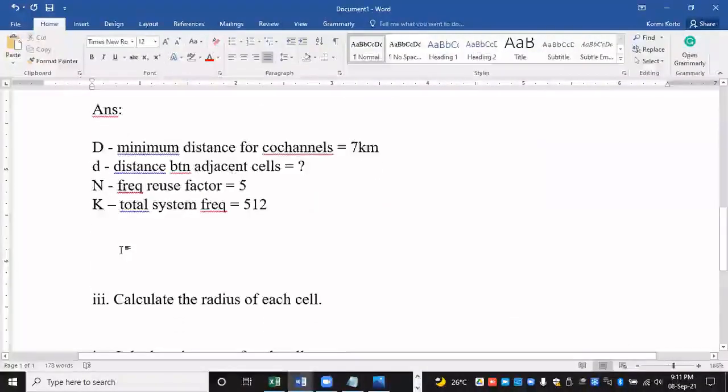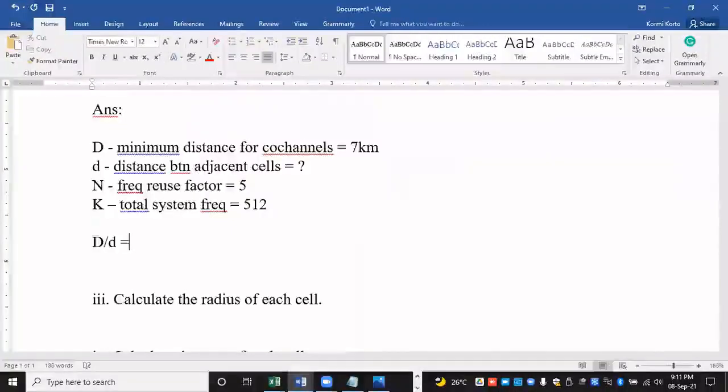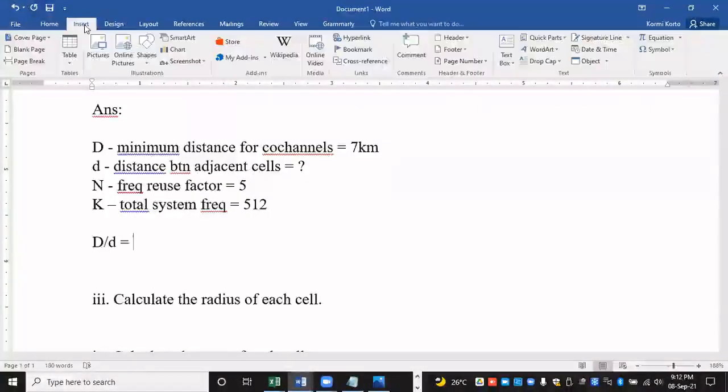The formula is D, the minimum distance for co-channel, divided by small d, equals the square root of N, which is your reuse factor.